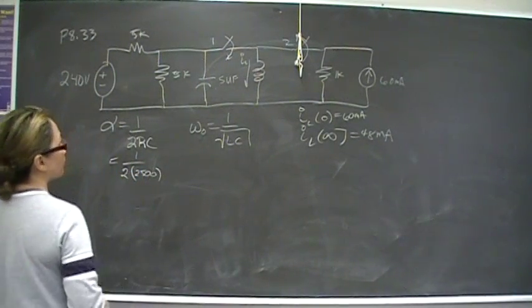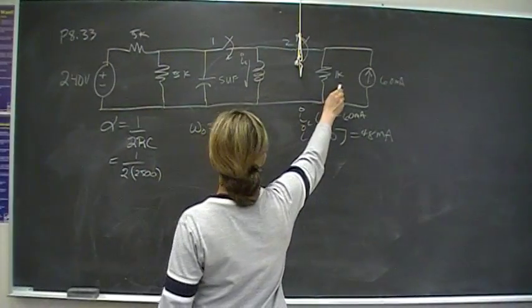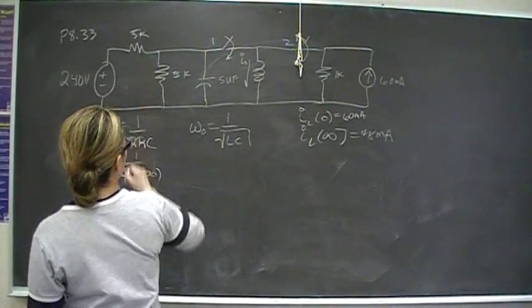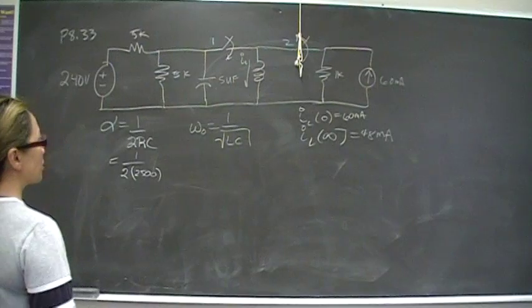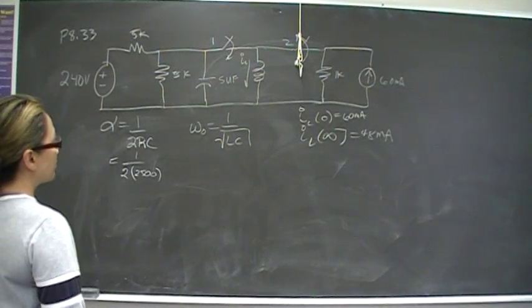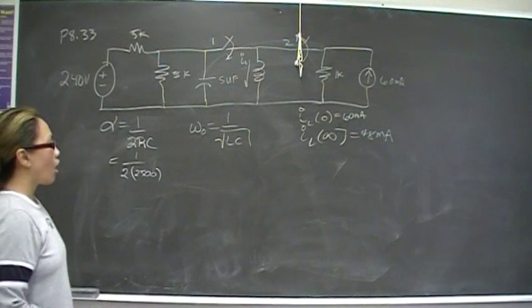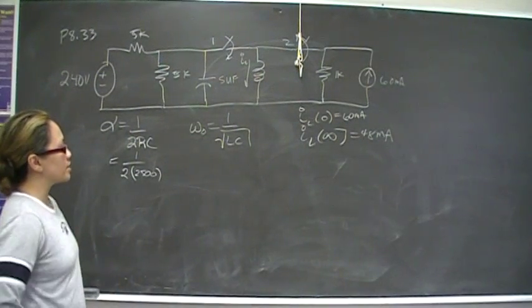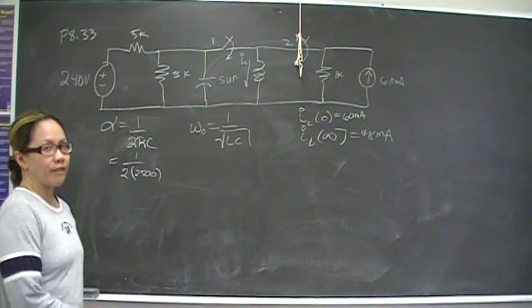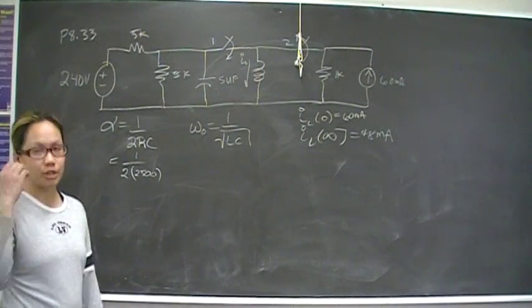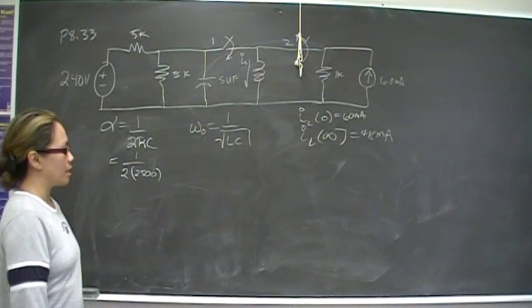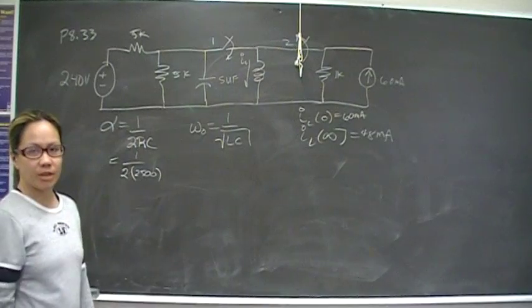The damping, notice we have a 1K resistor here, and then we have resistors here. So what is the R that we're talking about? The alpha and omega naught are constants that are relevant only after the switching, after time 0, because they tell you about the damping effect.